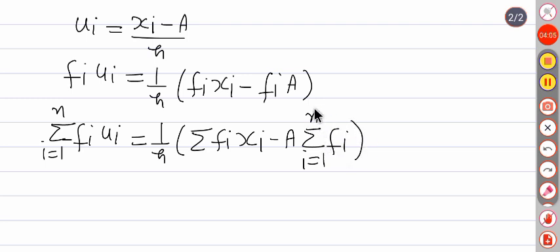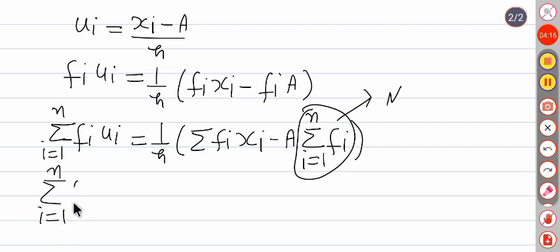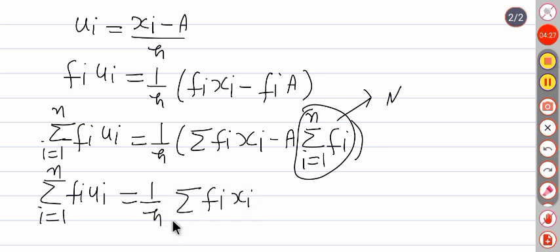Now you can recognize this part as capital N, so I write summation over i from 1 to n of fi ui is equal to 1 upon h times summation of fi xi, from i equal to 1 to n, minus a times capital N.